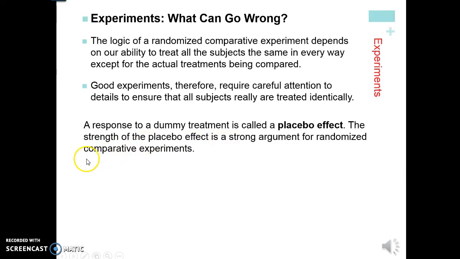So for example, if somebody is taking a drug for diet and they're testing diet pills, and one group knows that they have the diet pill and the other group thinks they have the diet pill, they can potentially lose weight literally just because they think the pill that they have is a diet pill. So the placebo effect means that they're losing weight, but it might not necessarily be because of the drug. They think the drug is working even though it's not. Maybe they're just eating healthier because they think they're on a diet drug.